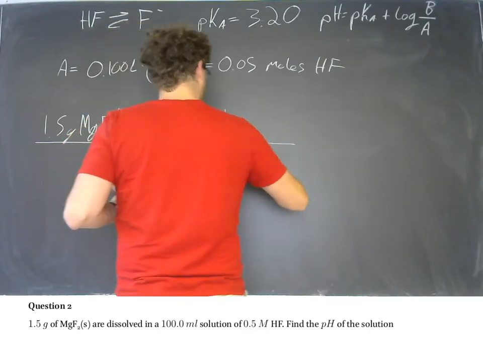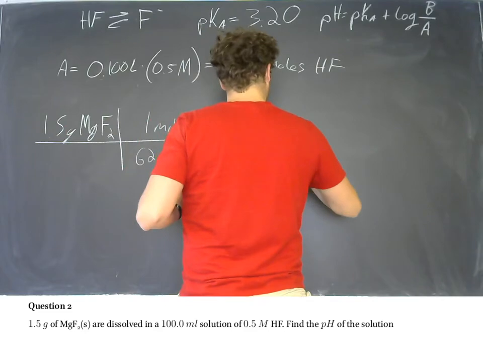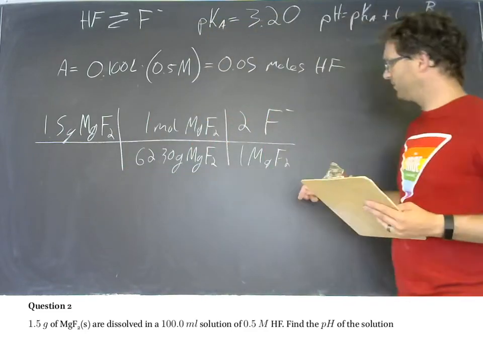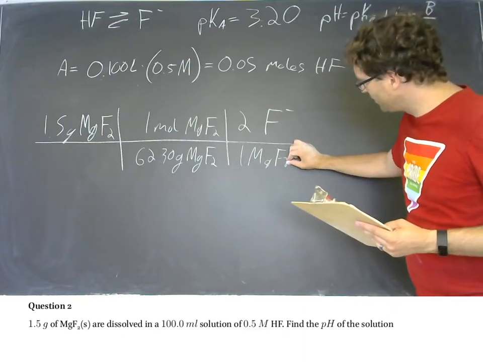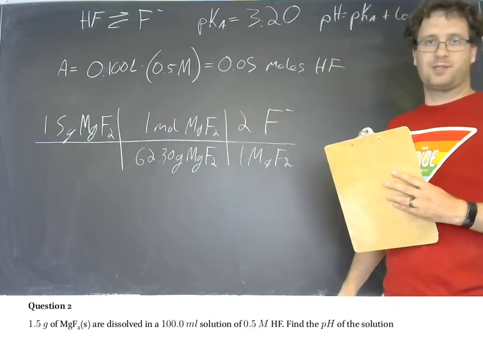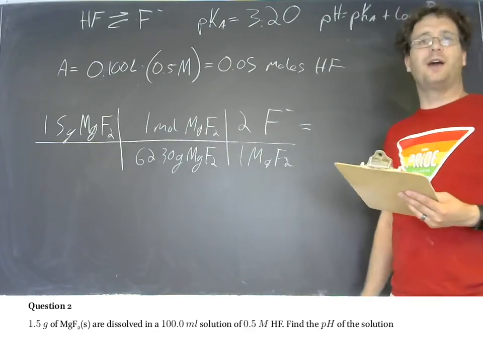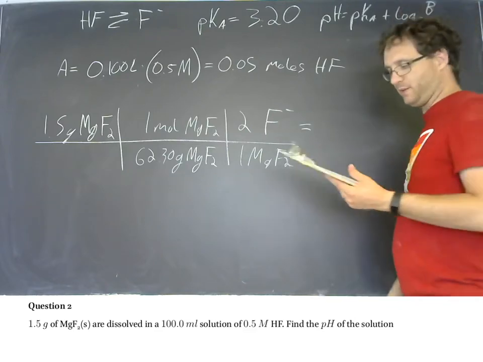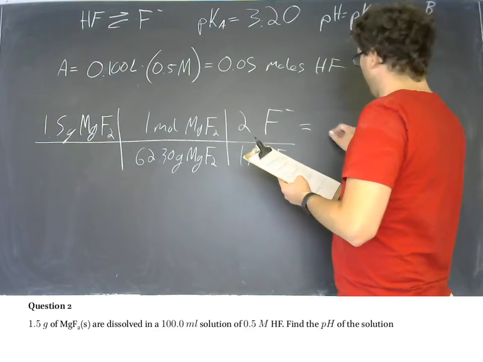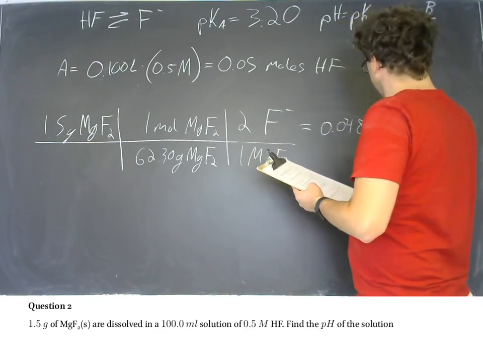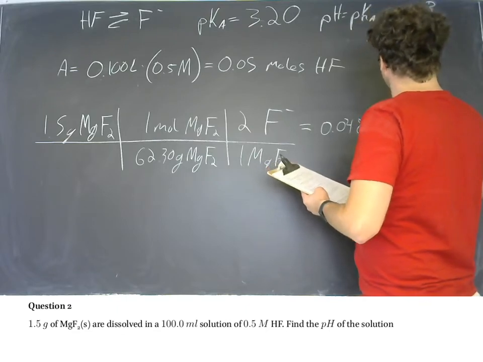And then 1 MgF2 is going to yield 2 F minuses. You know, that 2 in the formula matters. And so we're going to get 2 fluoride ions for every 1 magnesium fluoride formula unit. And so this is going to be 0.048 moles of F minus.